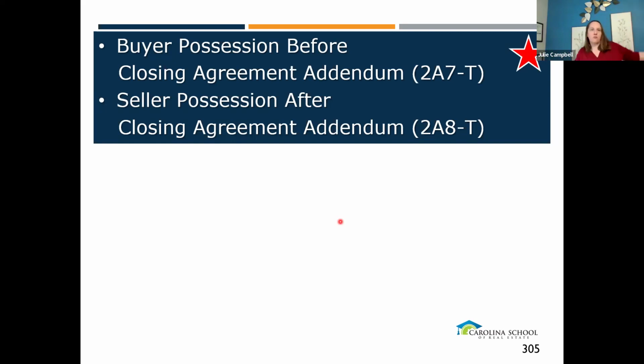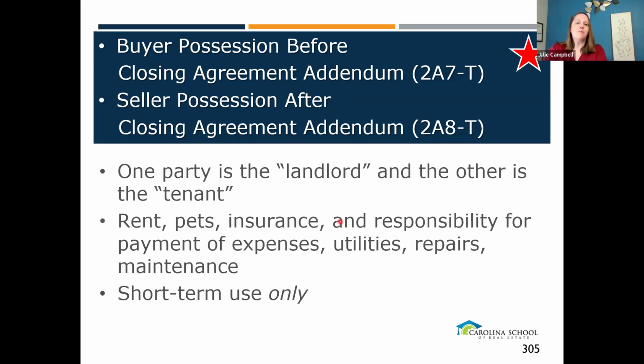In the first one, the buyer moves in before closing, and in the second one, the seller remains after closing. Both of these addenda are for short-term purposes. If we need anything more than short-term, then we need a lease drafted up. But in both of these situations, you have one party acting as the landlord, whoever owns it at this moment, and the other party is the tenant.